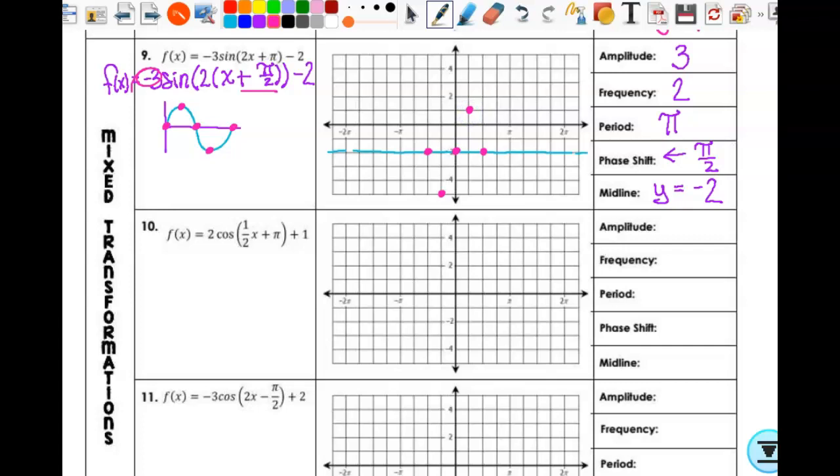Everybody good so far? So then we just repeat, and alternate up, down, up, down.